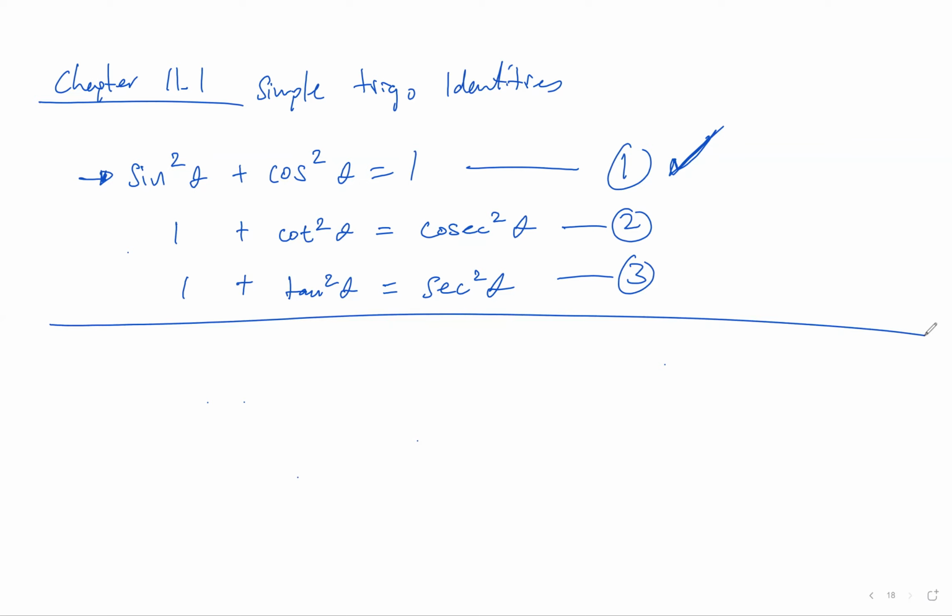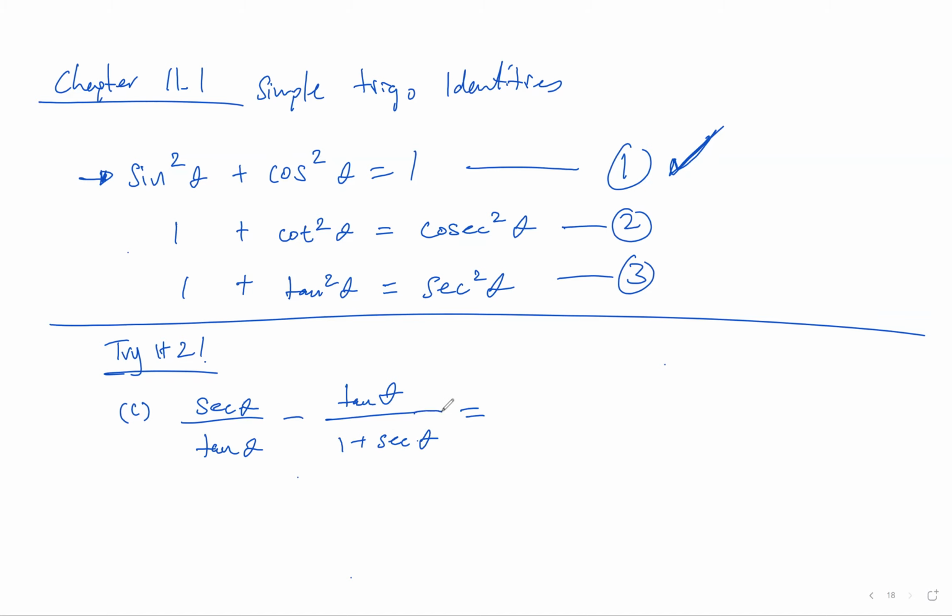Let's choose C, which is secant theta over tangent theta minus tangent theta over 1 plus secant theta. So can you simplify this? That's what they ask you. So what would you do?